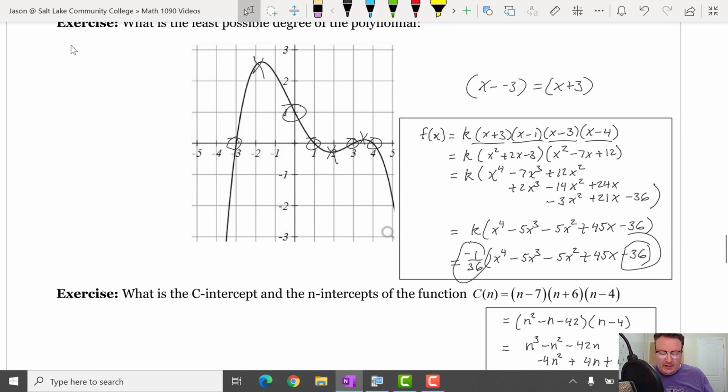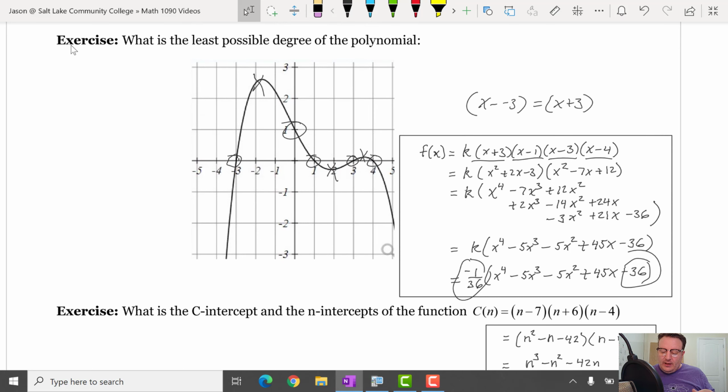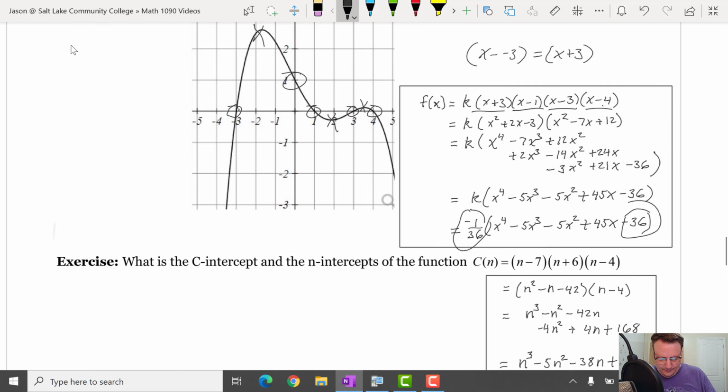One last thing I want to point out is that if we have a polynomial in factored form, to figure out the y-intercept, all you have to do is multiply together all of the constant terms in all of the factors, taking into account any powers, like if a factor is squared or cubed, you have to take that into account as well.